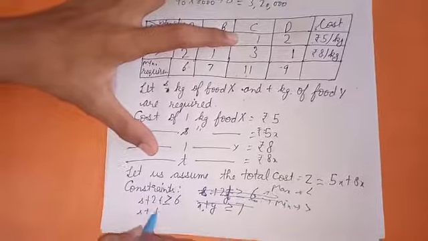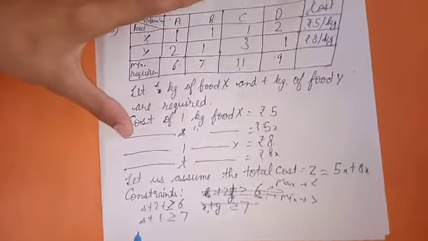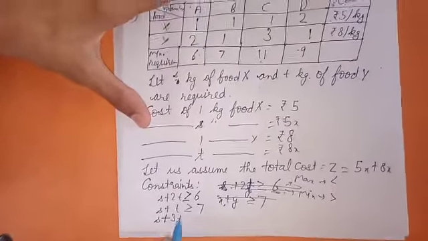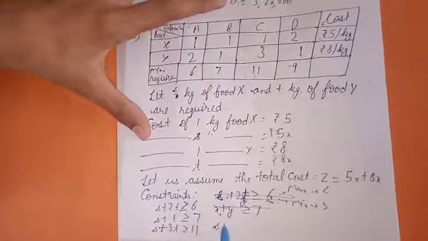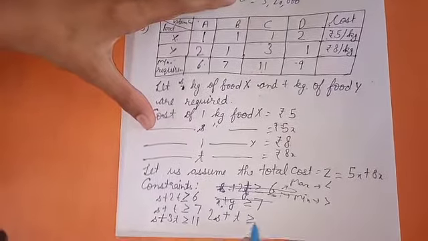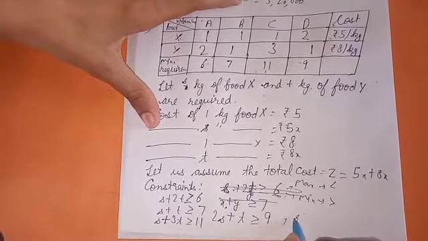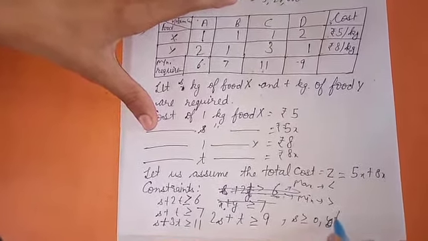S plus T will be greater than or equal to 7. Similarly, S plus 3T will be greater than or equal to 11, and 2S plus T will be greater than or equal to 9. Also, S will be greater than or equal to 0, and T will also be greater than or equal to 0.